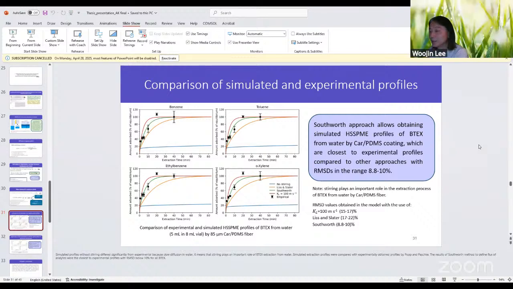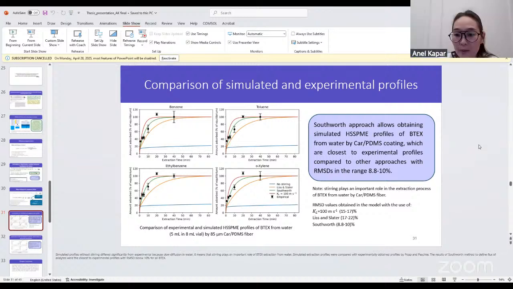Only one fiber was used for extraction, and the physical and chemical parameters and mass transport in the fiber were equal, because the same fiber is used in both extractions from water and from soil. And for air, it's a different fiber, and therefore the diffusion of analytes in the fiber was estimated separately.